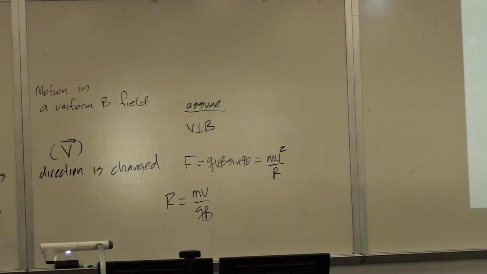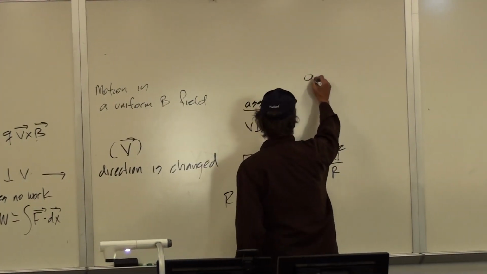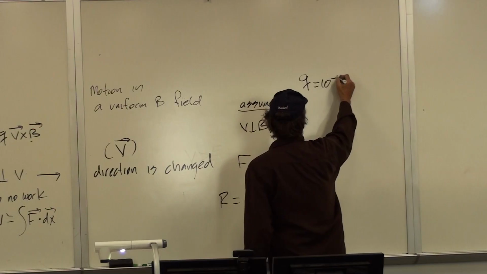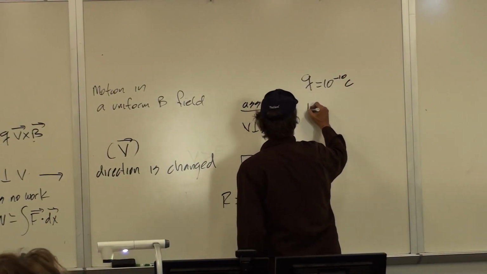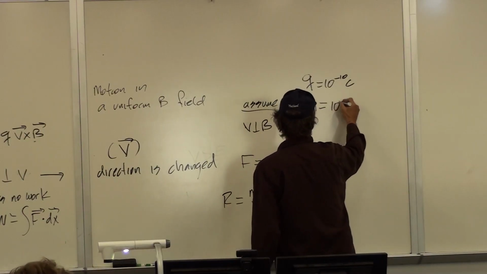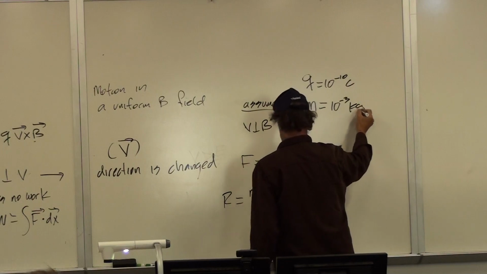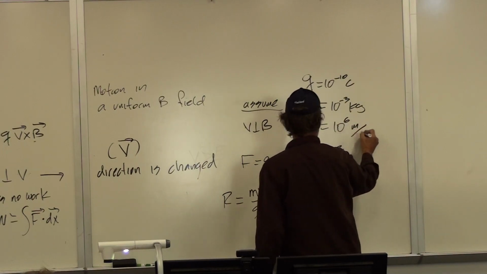Okay, so for this example then, let's say the q, just to make the numbers easy, is equal to 10 to the minus 10 coulombs. Mass, let's set equal to 10 to the minus 3 kilograms. Velocity equal to 10 to the 6 meters per second.